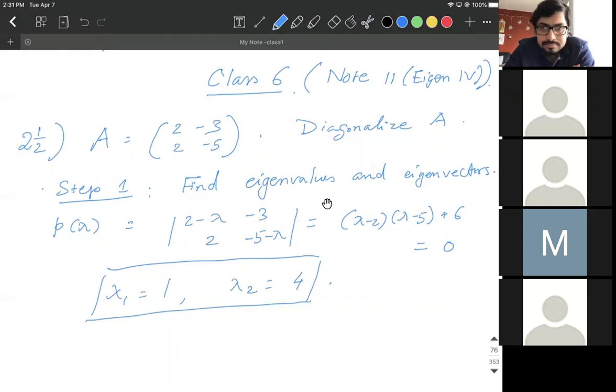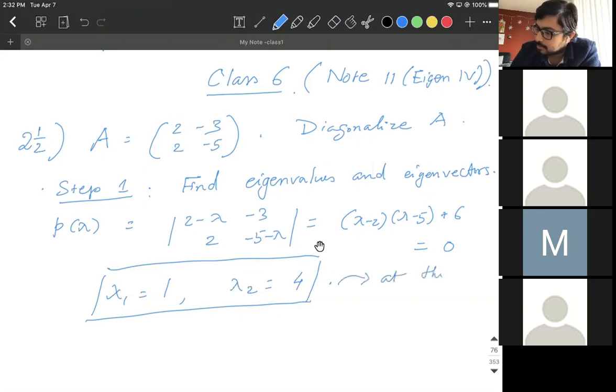Any ideas? So it has n distinct eigenvalues and it's an n cross n matrix. We did a fact, and I think it follows from the fact that the matrix has to be diagonalizable under such a scenario. So here we have a particular example. This is a 2 cross 2 matrix and we have 2 distinct eigenvalues.